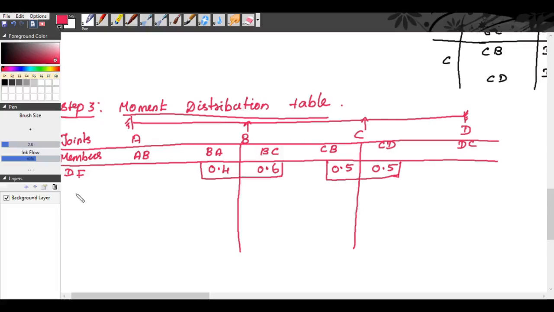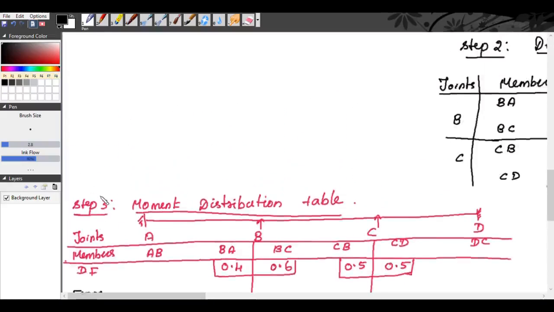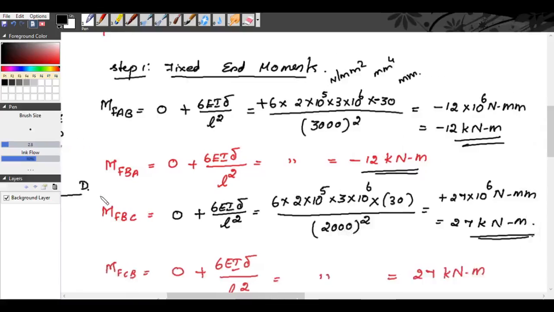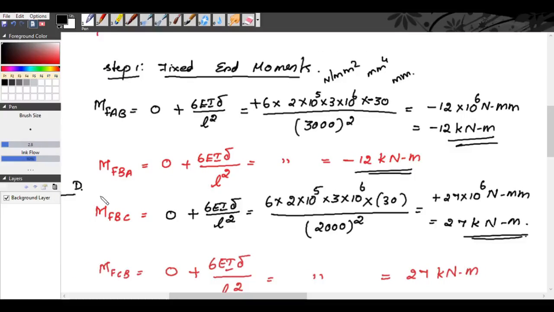Now we will write our fixed end moments. What are our fixed end moments? We have calculated this in our first step. The fixed end moments are minus 12 for AB and for BA also minus 12.